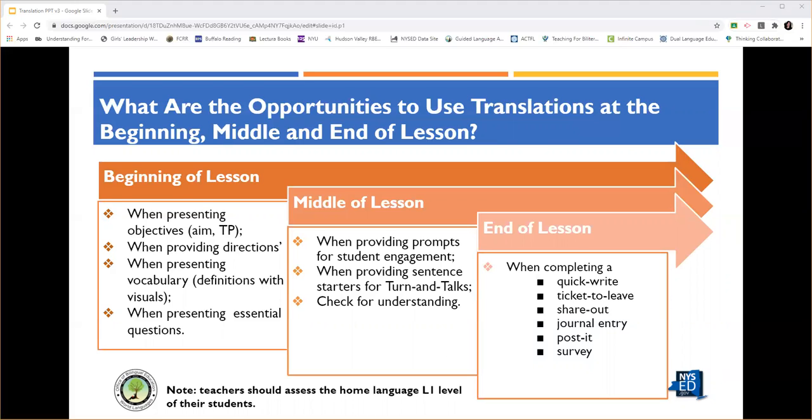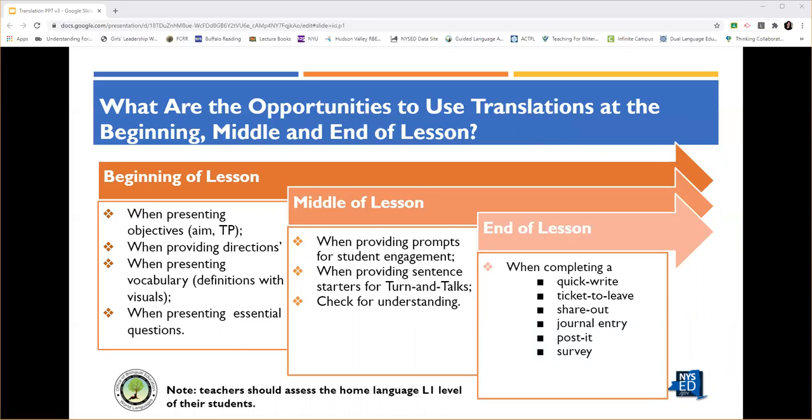Remember, visuals for newcomer students and emergent bilinguals is a key and very basic strategy to help with their comprehension and accessing their learning. When presenting essential questions, so that's what you can do prior to starting your lesson. Again, how can I use the L1 intentionally to give them an idea of what it is we will be learning about and give them the access to the topic.